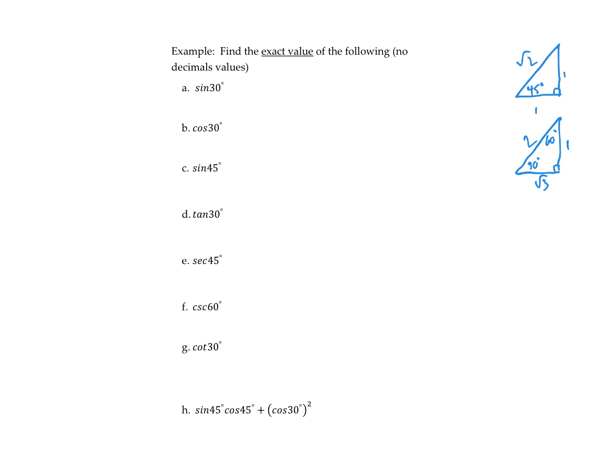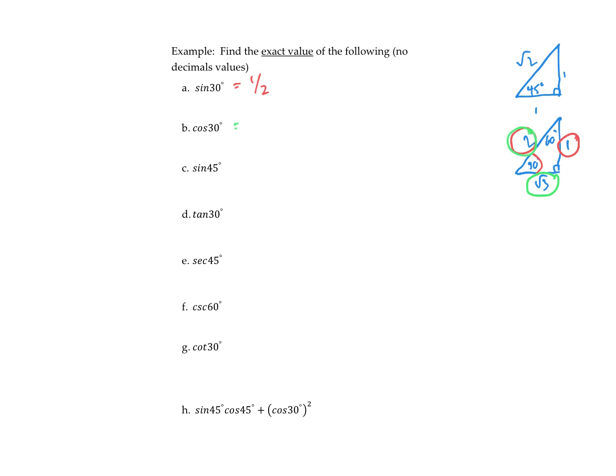So it says what is the exact value of sine 30? So I find 30 degrees right here. Sine is opposite over hypotenuse. So sine of 30 would be 1 over 2. If I want cosine of 30, cosine of 30 is adjacent to the 30 over the hypotenuse.